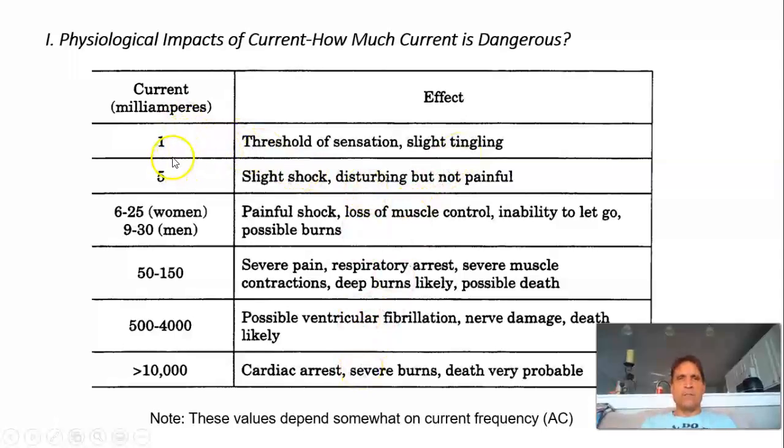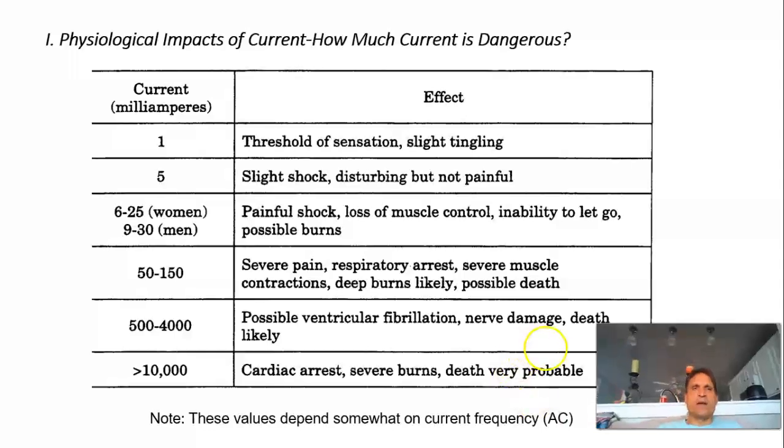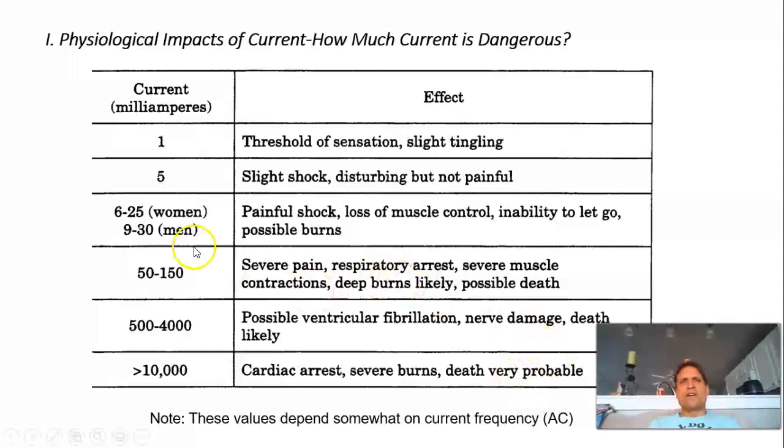A couple milliamps is enough to give you a little bit of a shock. You start getting up to the tens of milliamps. You see this depends a little bit on gender, and it depends a little bit on the frequency if this is AC. So AC current coming into your house is at 60 hertz, 60 cycles per second. It depends a little bit on that. But when you start getting into the tens of milliamps, you can get a shock from this.